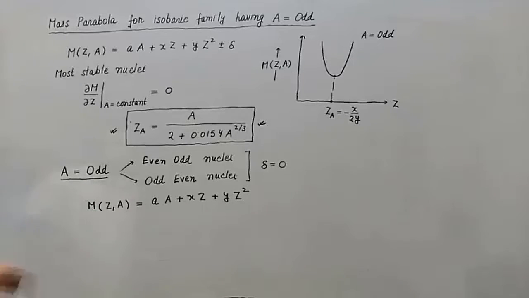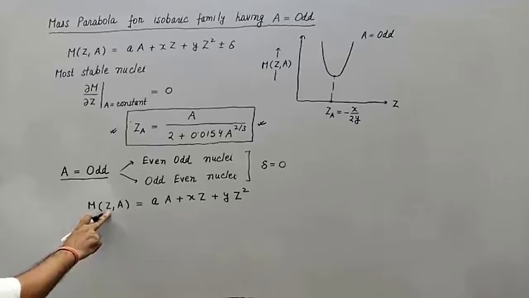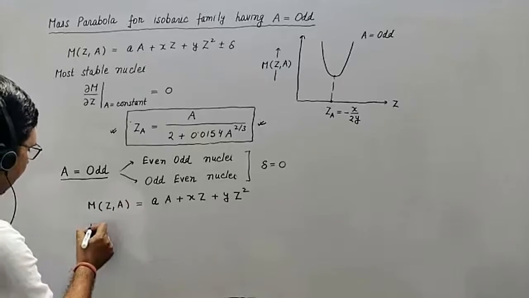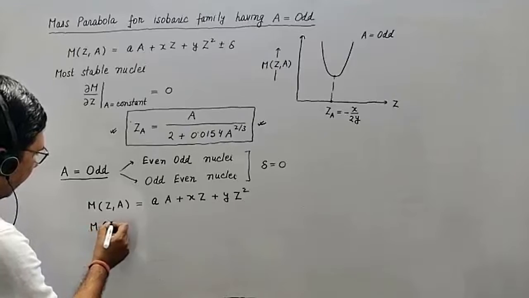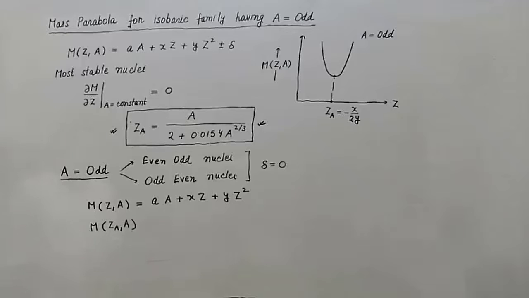Now, what will be the mass of the most stable nuclei? To find the mass of the most stable nuclei, we will replace Z by ZA in this formula.